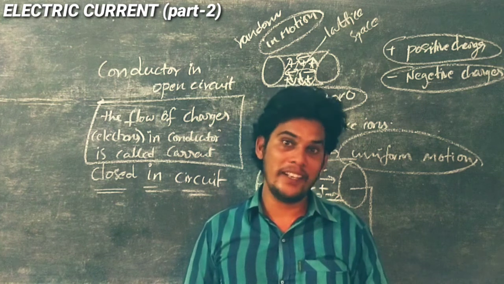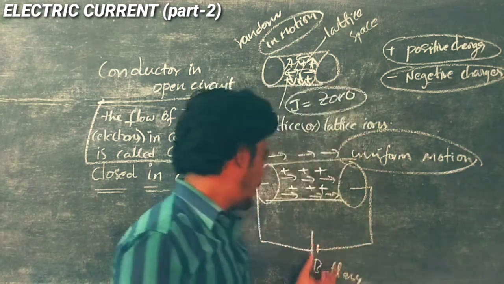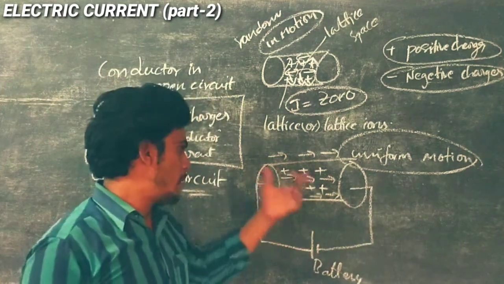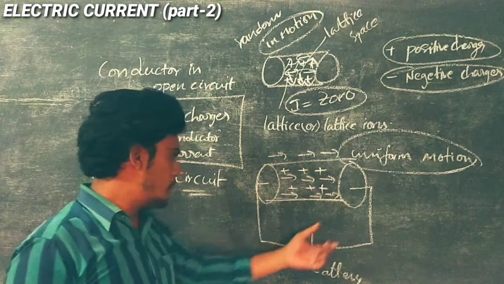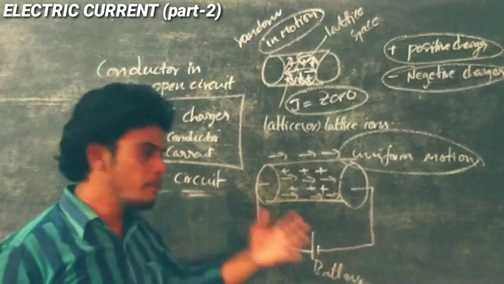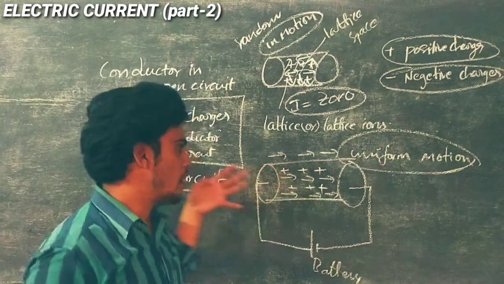They maintain discipline, meaning they become uniform. Like that, when the battery is connected to the conductor, all the electrons, meaning the students present in the conductor, meaning the classroom, become disciplined, meaning all electrons travel in uniform motion and uniform direction.